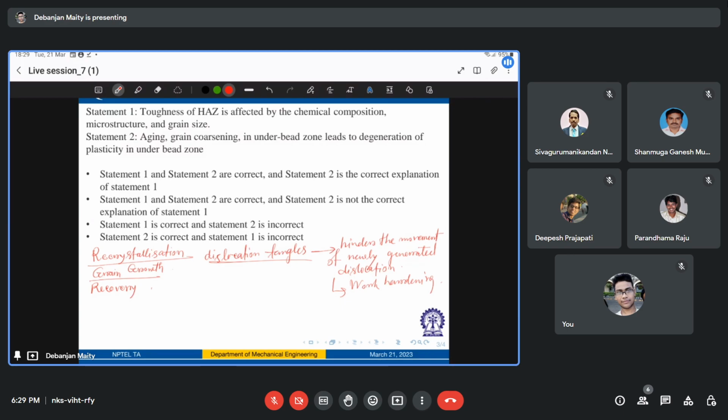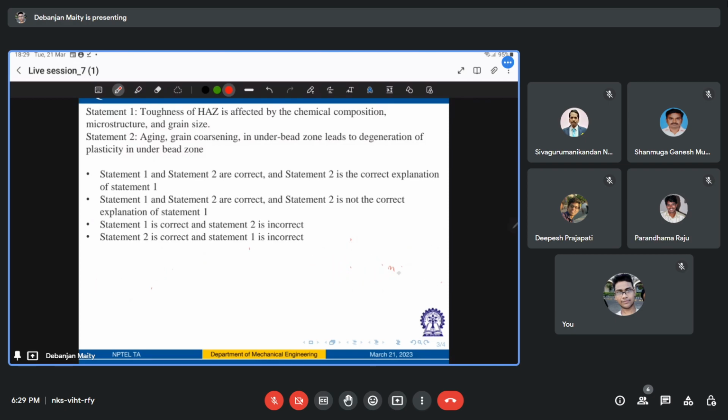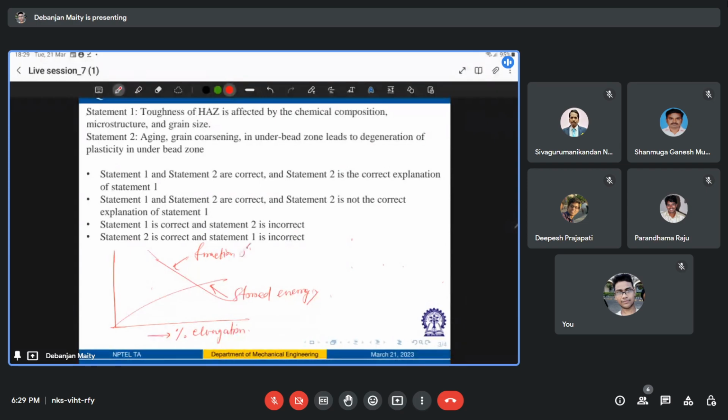So, if you try to figure out a graph, let's say this is my percent elongation. This is my stored energy, and this is my fraction of energy stored.